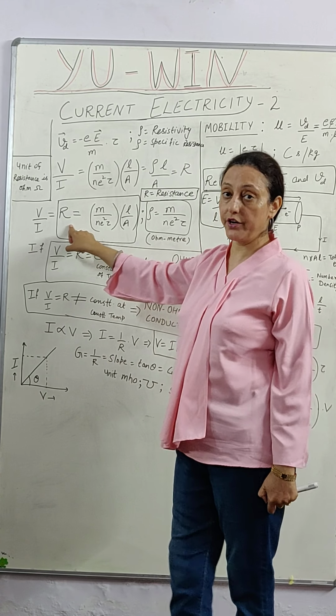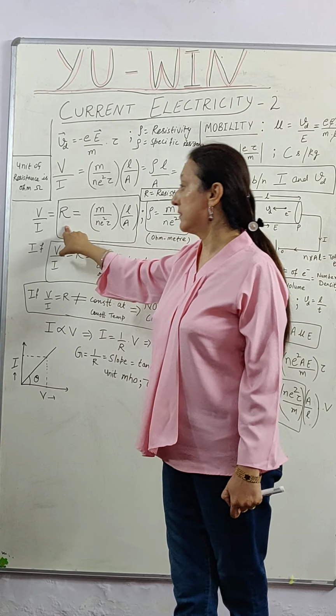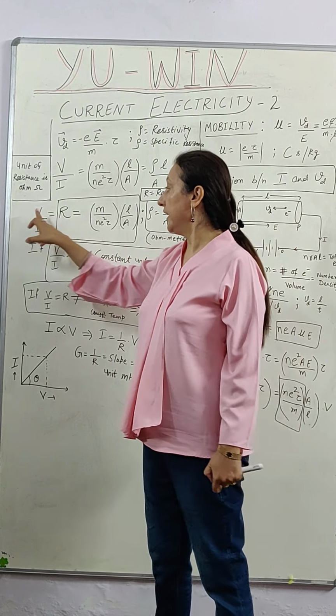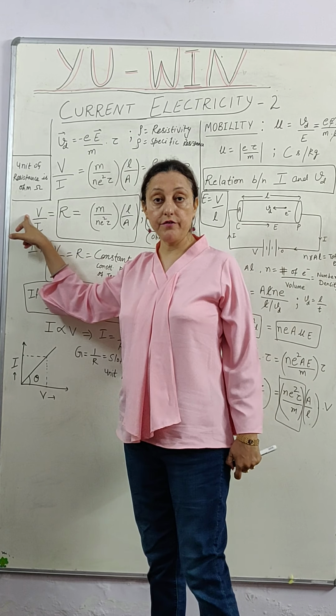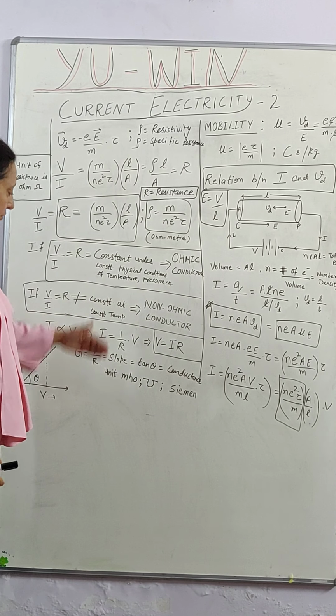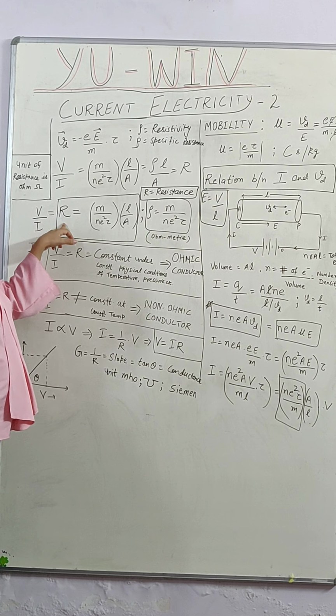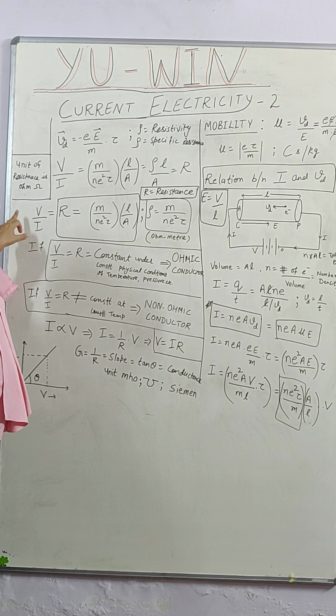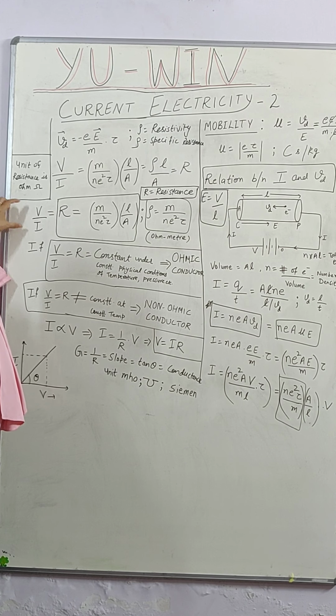So 1 ohm is the resistance of a conductor in which a voltage of 1 volt can give you a current of 1 ampere. In the next topics we are going to discuss resistance in great detail, and from here you can make the definition. Its unit is ohm. You can make its dimension also.